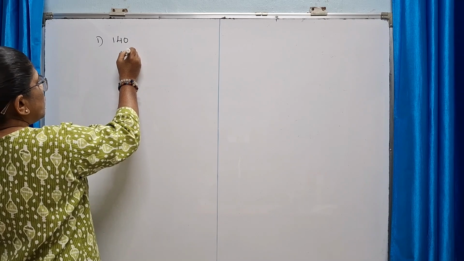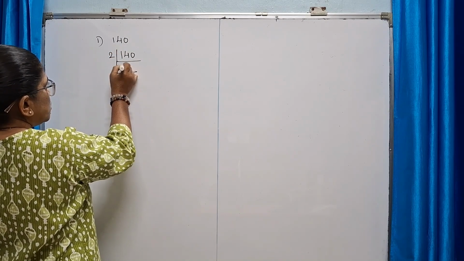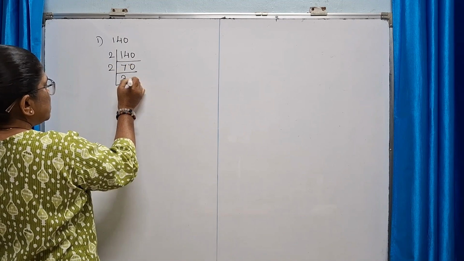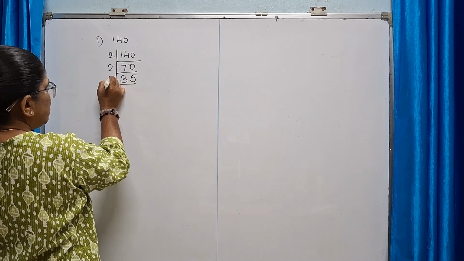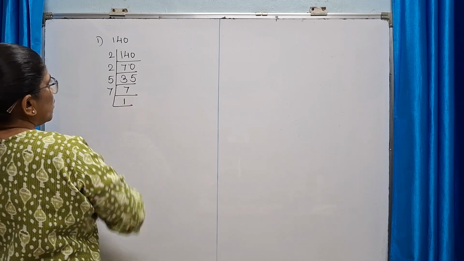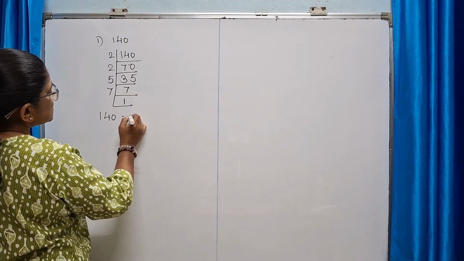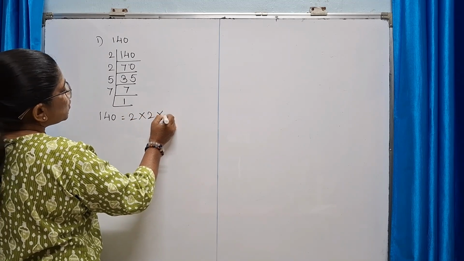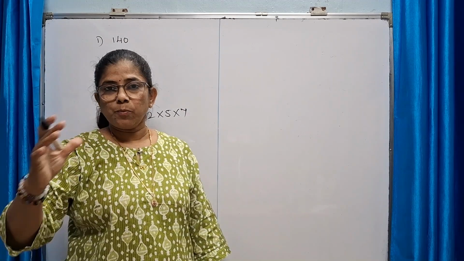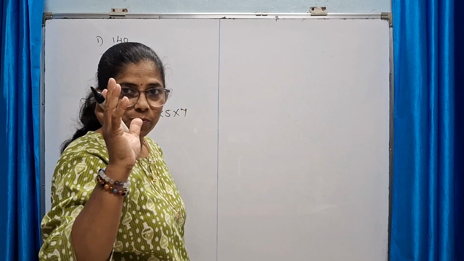So 140 is an even number, so we will start with 2. 2 sevens are 14, 0, 2 threes are 6, 5... now this is 35, 5 sevens are 35, 7 ones are 7, 1. So 140 we can express as 2 into 2 into 5 into 7. 2, 5, 7, all these are prime numbers. So 140 is expressed as the product of prime numbers.